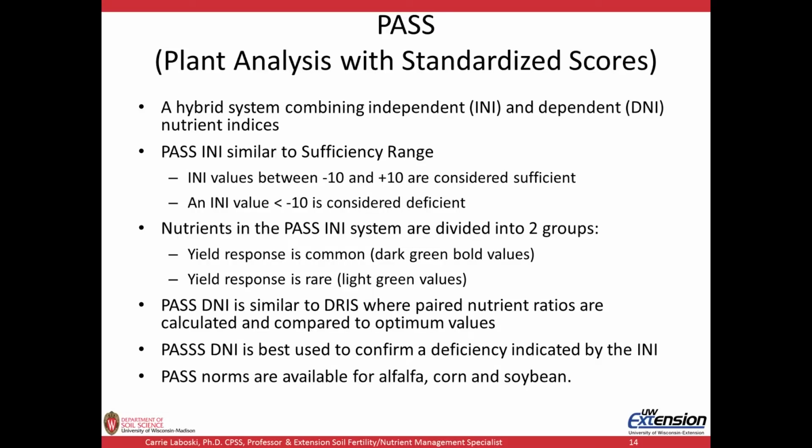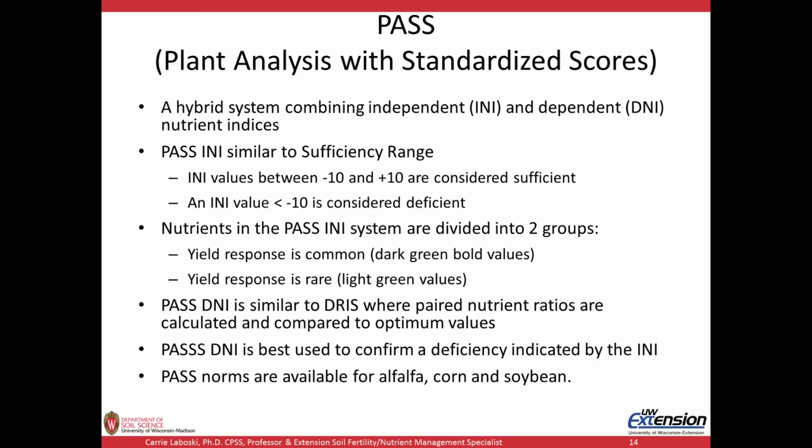On the reports, the yield response is common in the dark green areas that are bolded. And areas where yield response is rare, that would be the light green values on the report. So it's just kind of saying, do you expect that you're going to get a response or not?